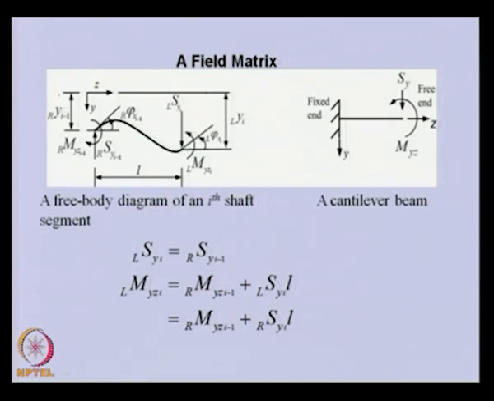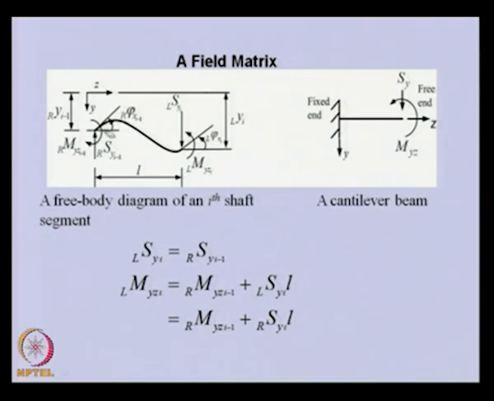To represent the various field or state variables, we represent right or left with respect to a particular disc. Here we have the I minus 1 disc, so the field variable here is y I minus 1, but right of that particular disc. The subscript r represents that this field variable is on the right side of the I minus 1 disc.